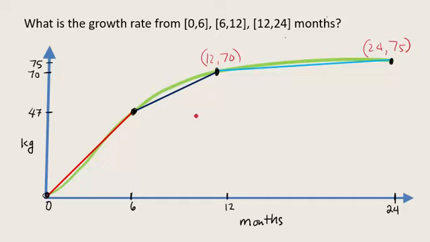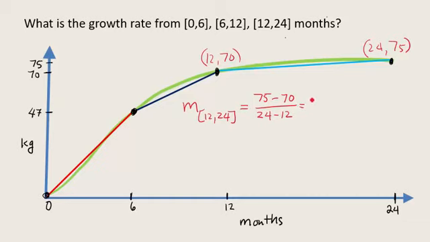Okay, so let's see. The slope on the last interval, from 1 to 2 years, and we have to be consistent with our unit of measure. It's going to be delta y over delta x, so 75 minus 70 divided by 24 minus 12.